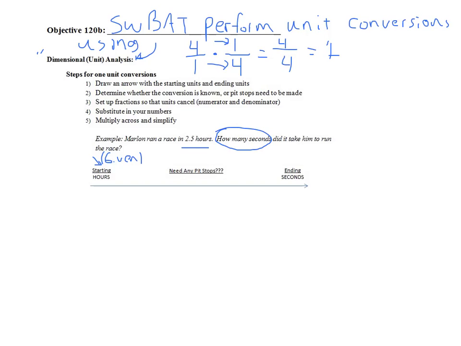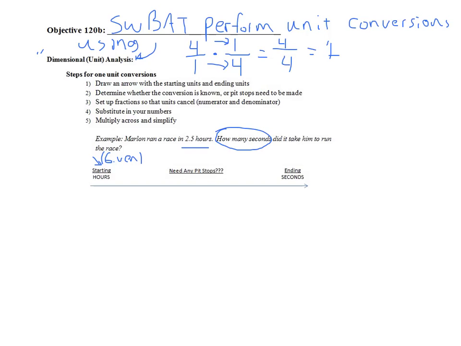That's what we want. Now the question is, and this is one of the toughest parts of this objective, do we know the conversion between hours and seconds? Do you know how many seconds are in an hour? Off the top of my head, I don't. So I'm thinking, what do I know? What comes after hours that leads me to seconds?